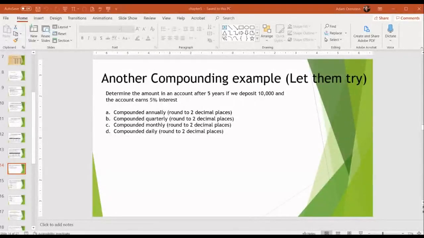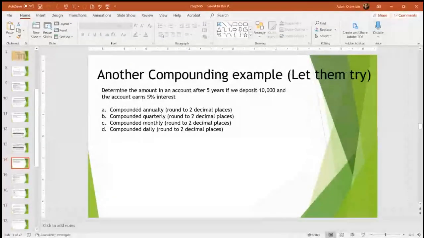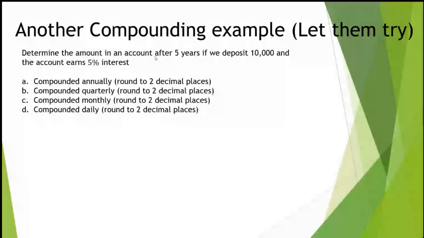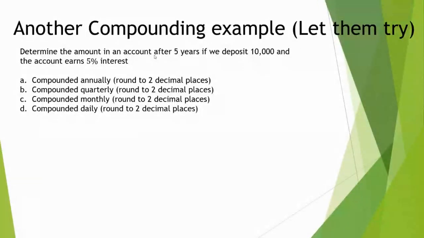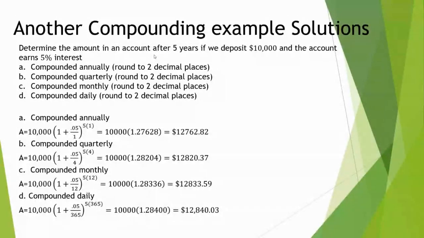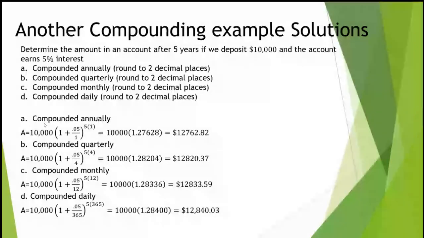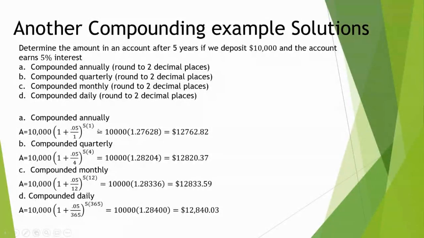Okay, so for this one, you're essentially just using the formula for compound interest for different n's. This is what you get: compounded annually, quarterly, monthly, and daily. For annually, your n is 1.